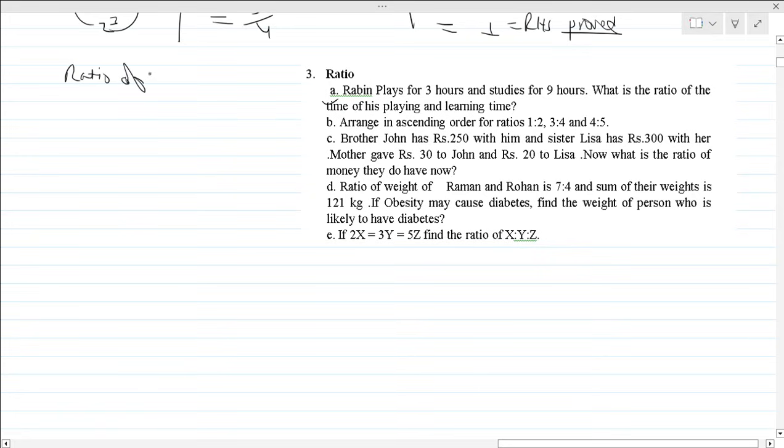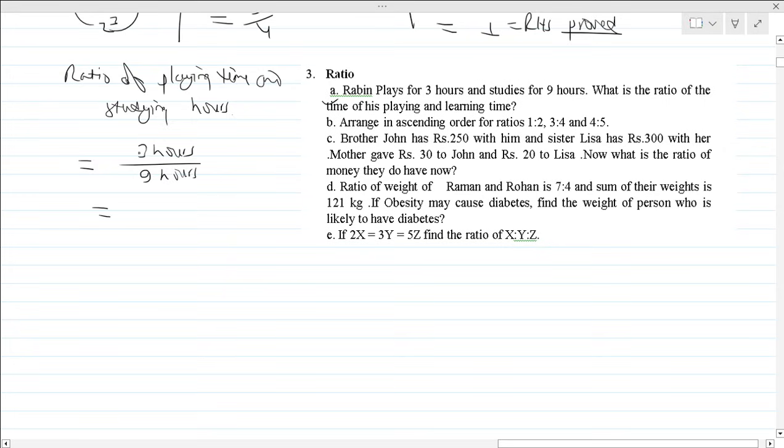So for this number we say: ratio of playing time and studying hours. The ratio of these two things we are finding. Playing time is given as 3 hours, and learning time is given as 9 hours.